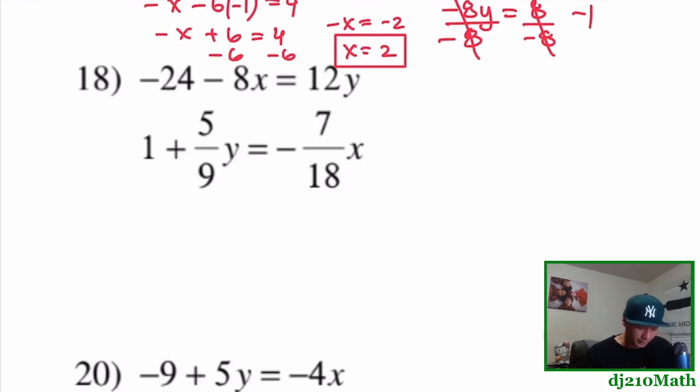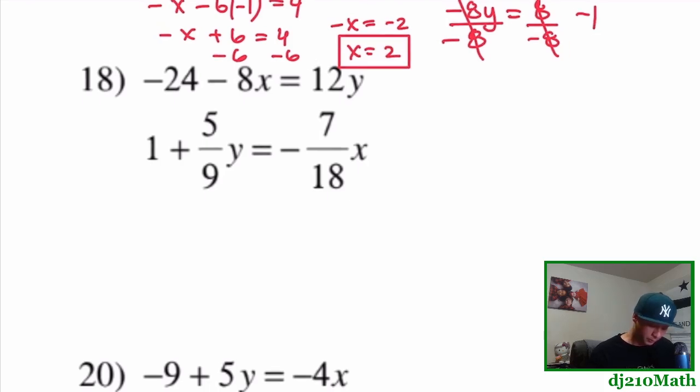So how do I clear the fraction? Well, if you multiply the bottom by the denominators, things will happen. It just so happens that 9 and 18 are multiples of one another. So I'll multiply the whole bottom equation by 18.